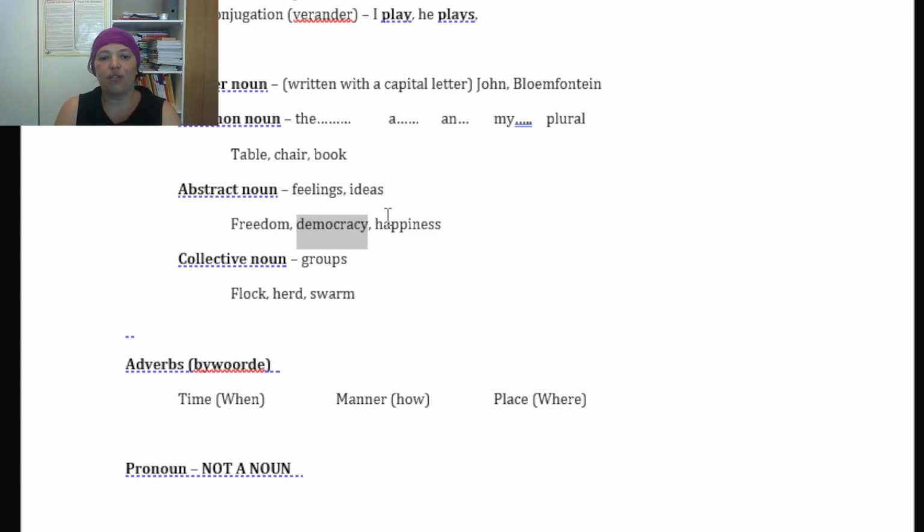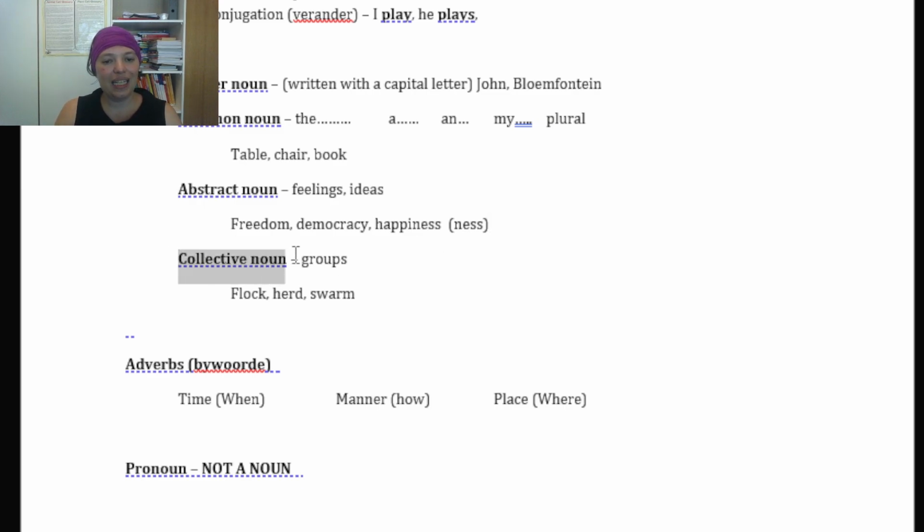Democracy is an idea, like a political idea. Freedom can be an idea or a feeling. And happiness is a feeling. So those ones are abstract nouns. You can also look whenever you see a word with ness at the end: happiness, sadness, clumsiness. All of those are abstract nouns.